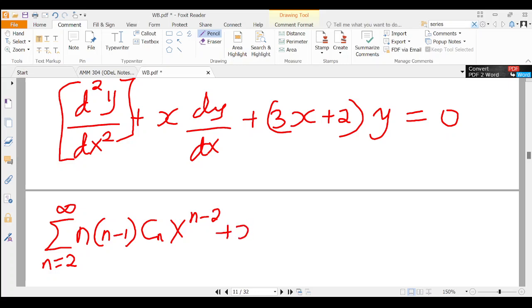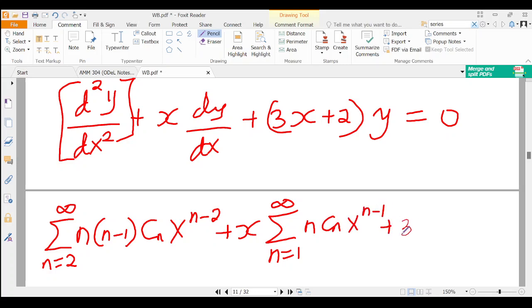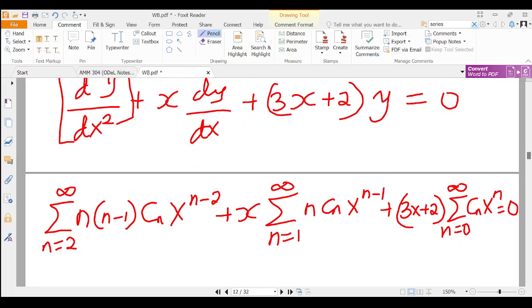Then the second term we have x times the sum from n is equal to 1 to infinity of n times cn x raised to power n minus 1. And the last term will be 3x plus 2 times the sum from n is equal to 0 to infinity of cn x raised to power n. And the result, when we add all those terms, we get 0.